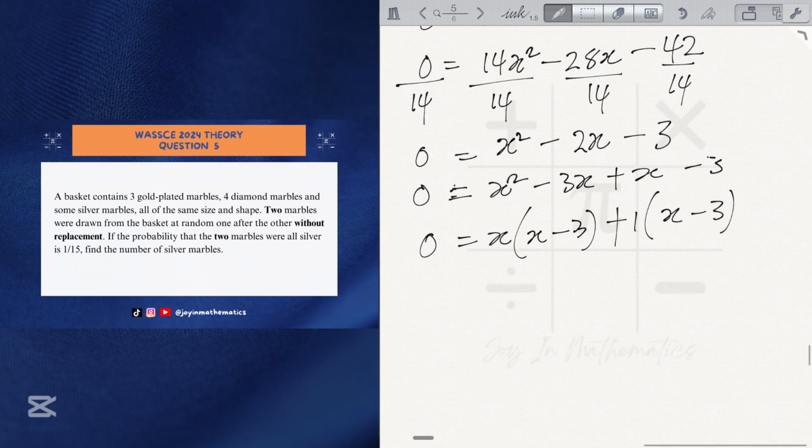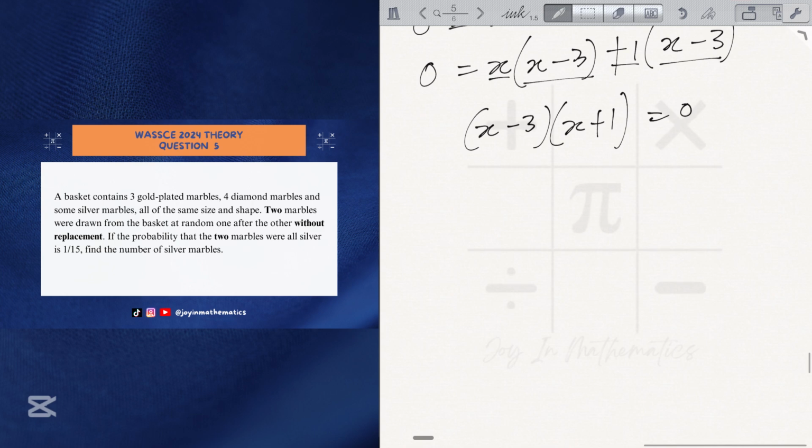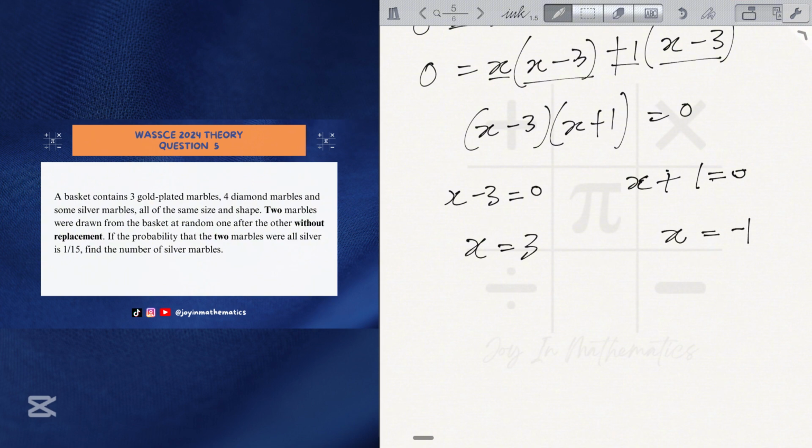So taking the common factor, that's x minus 3 and x plus 1 is equals to 0. We are saying x minus 3 is equals to 0, and likewise x plus 1 is equals to 0. So x will be equals to 3, and also x will be equals to minus 1.